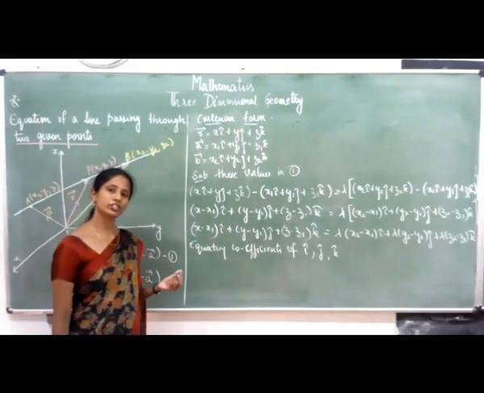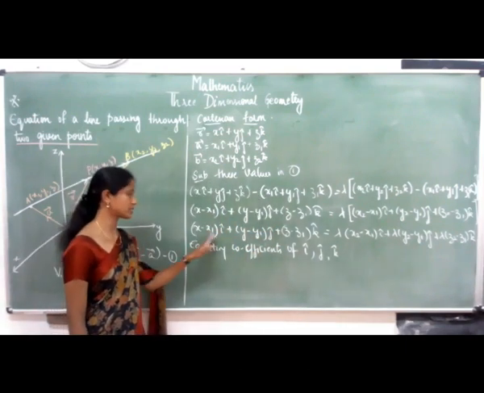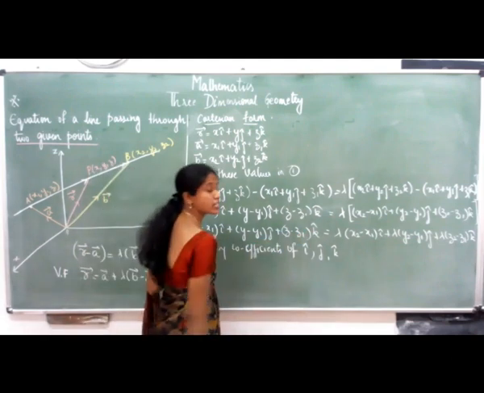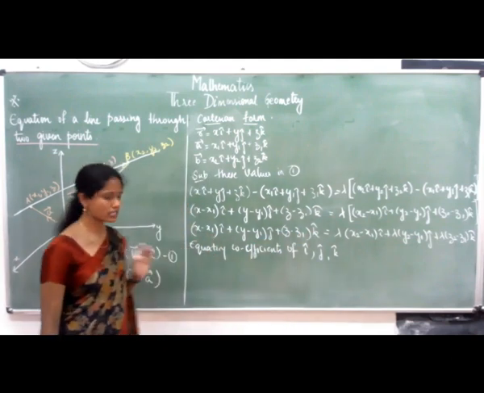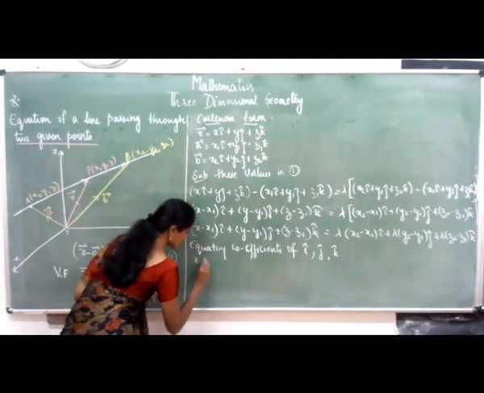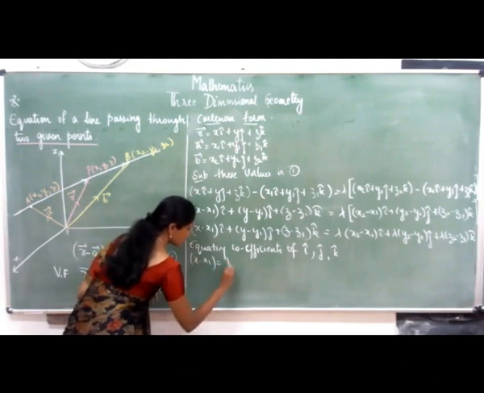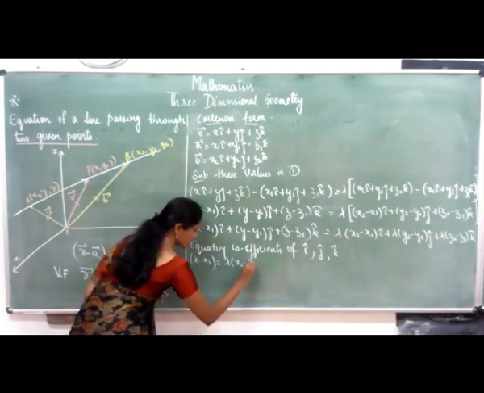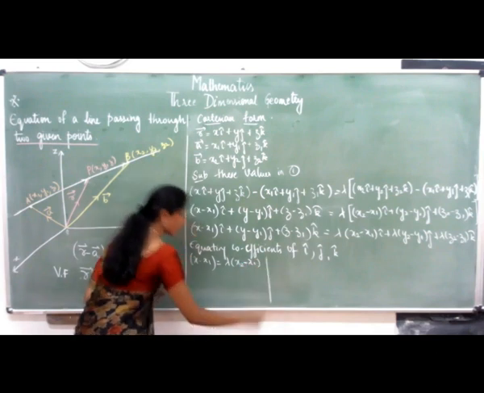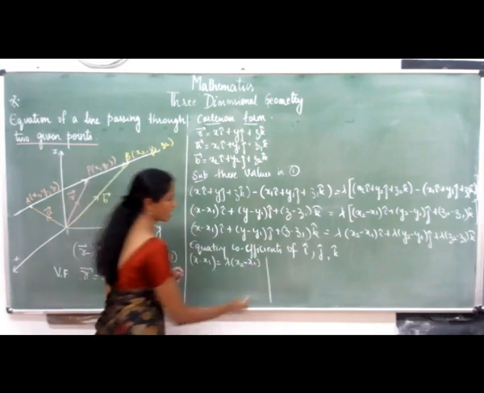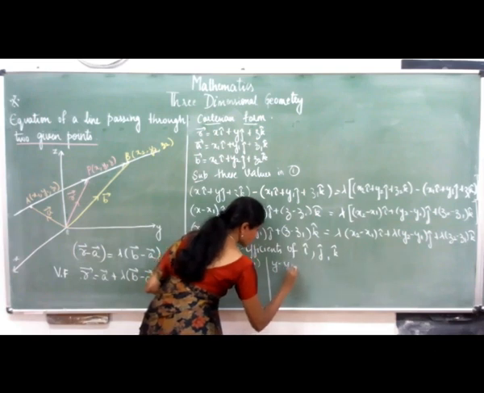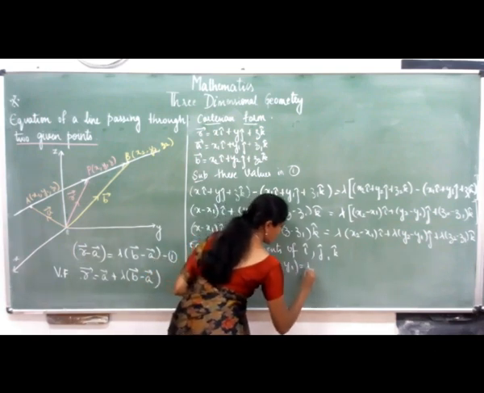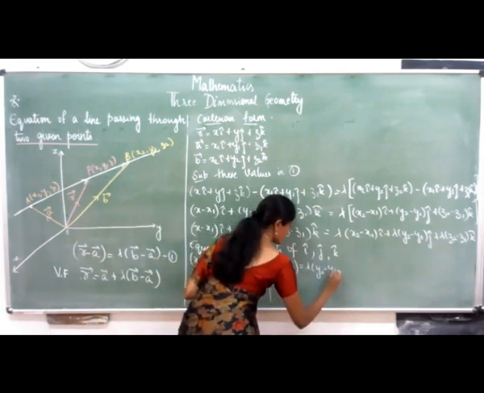So, what is the coefficient of i cap in the left hand side? It is x minus x1. In the right hand side, it is lambda times x2 minus x1. So, x minus x1 is equal to lambda times x2 minus x1. Similarly, equating the coefficient of j cap, we get y minus y1 is equal to lambda times y2 minus y1.